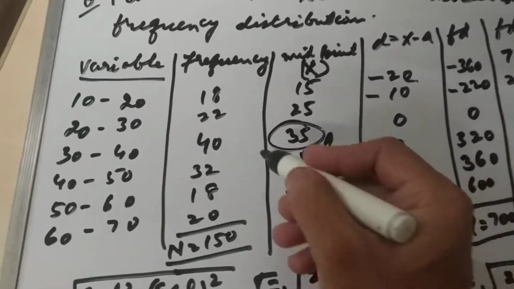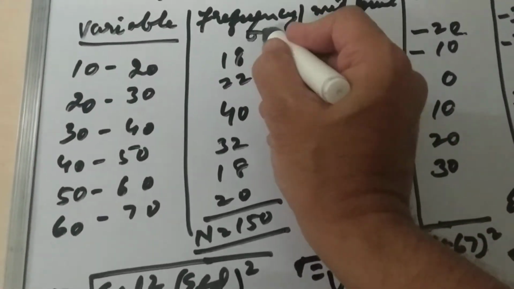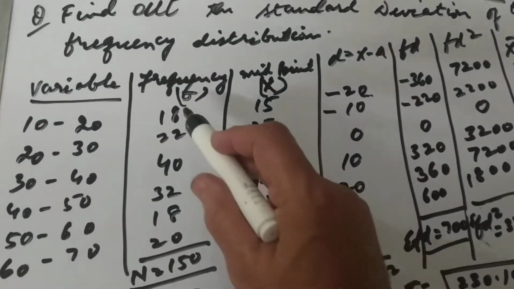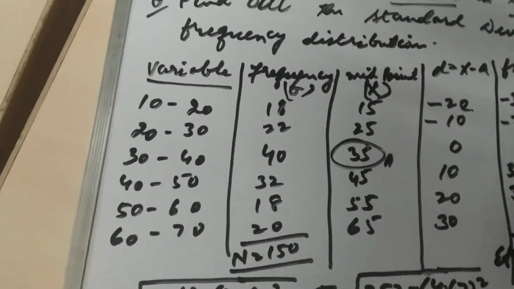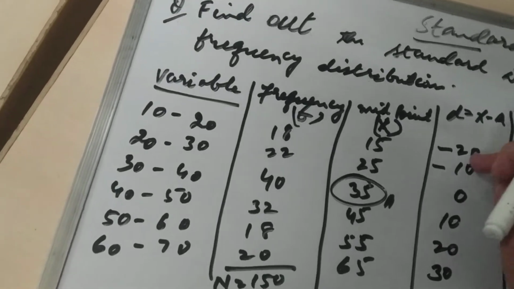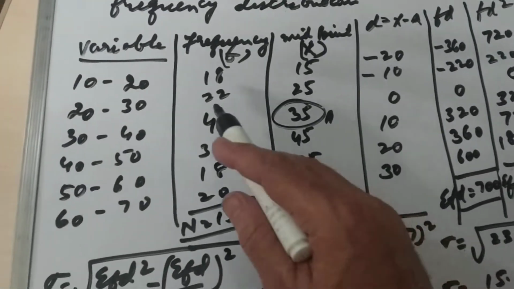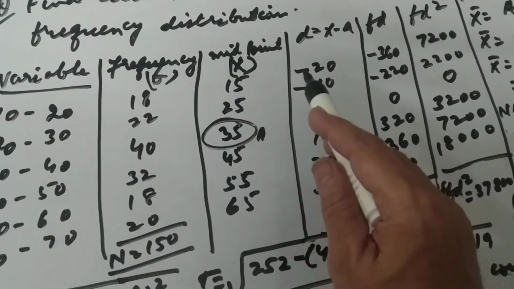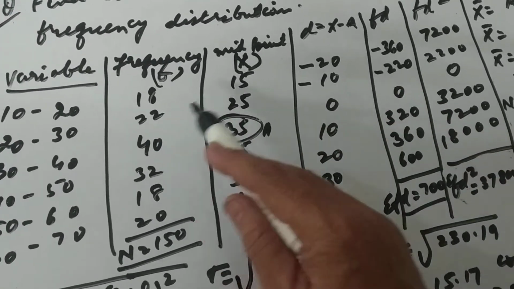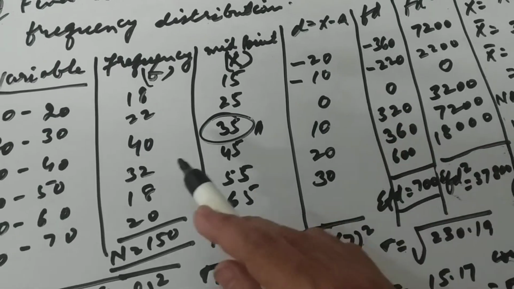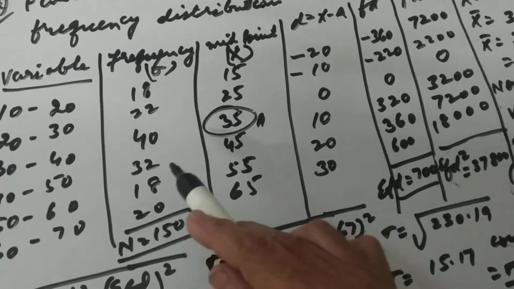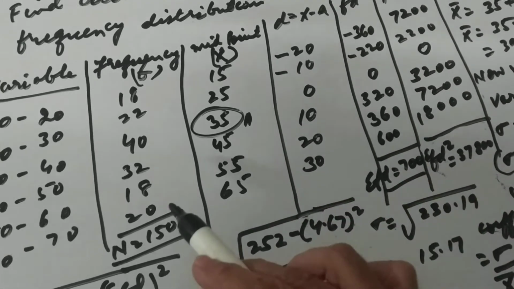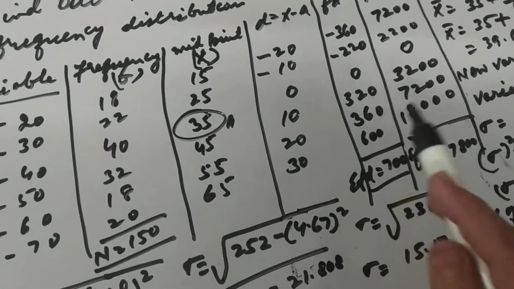Frequencies are already given, so I am writing F also here so that it becomes a little convenient for us. So here is your F and here is your D. You multiply F with D to get FD. So 18 into minus 20 is minus 360, 20 into minus 10 is minus 200, 40 into 0 is 0, 32 into 10 is 320, 18 into 20 is 360, 20 into 30 makes it 600.